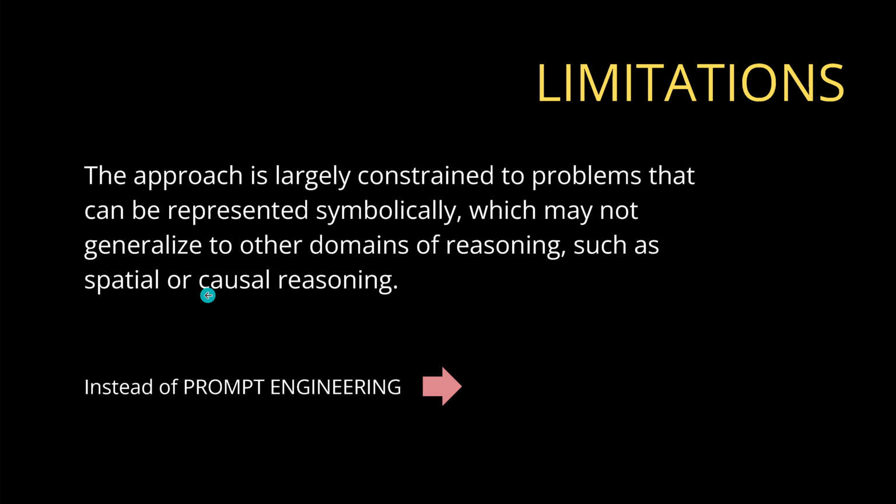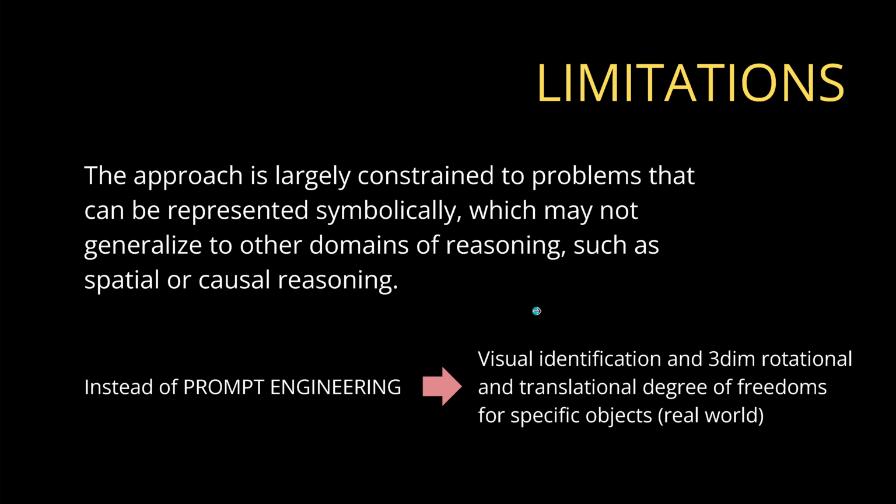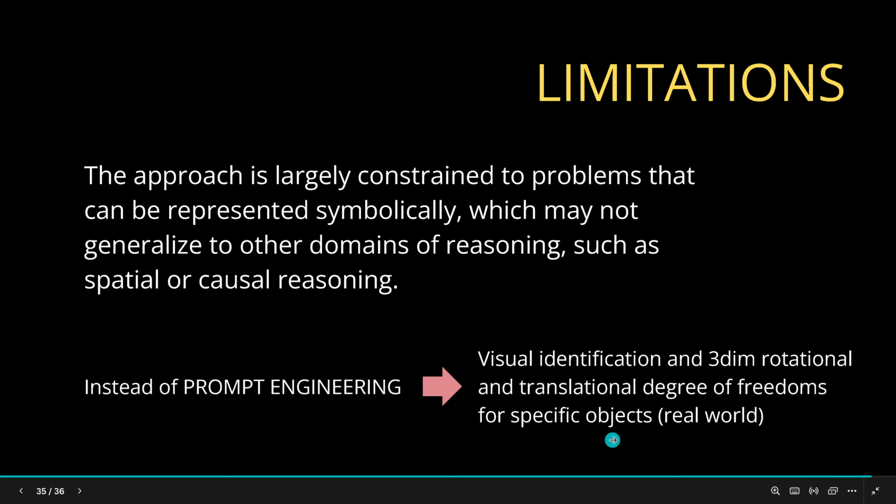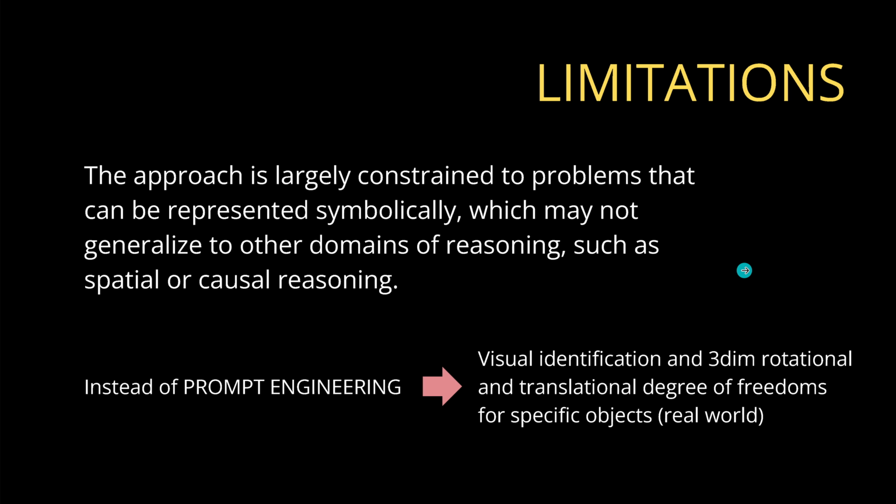And I am currently focusing on playing with spatial reasoning for my robotic application. What I do now is visual identification. This is rather easy segmentation and identification of objects, and a three-dimensional rotational and translational degree of freedom determination for specific objects I see in the real world, if I have my robot moving in a kitchen or in a specific environment in a company.